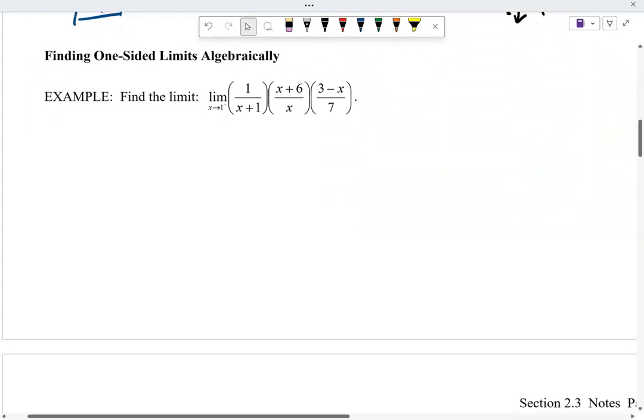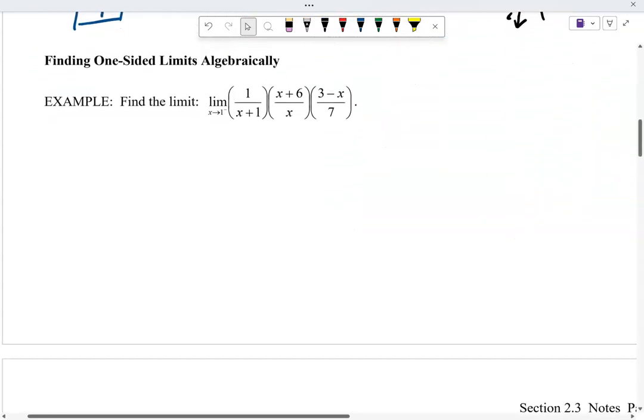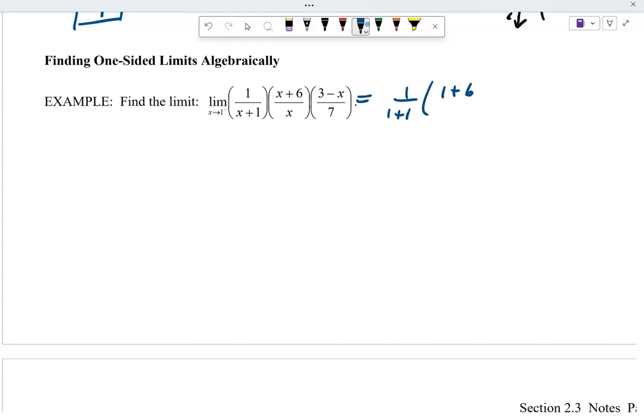All right, so let's see if we can find some limits algebraically. Similar to finding an overall limit, we're going to see if we can just plug it in, substitute it in, and get a value. So we got 1 over 1 plus 1 times 1 plus 6 over 1 times 3 minus 1 over 7.